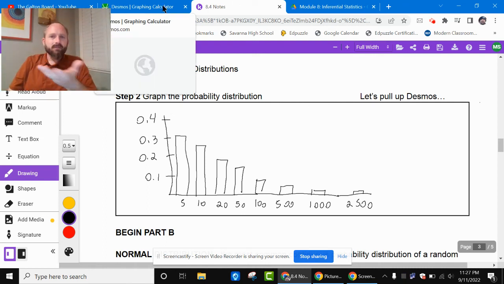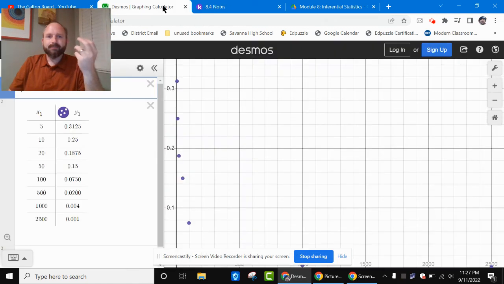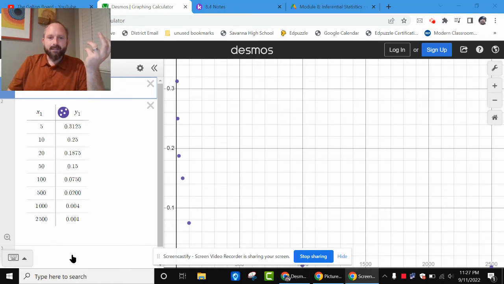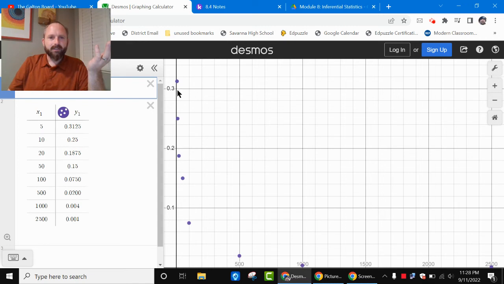Now let's pull up Desmos and look at it. This is what Desmos looks like right here. If we had actually made it into a curve, it kind of looked like this little curve right here. But the problem is I had to set up the graph how I wanted it.